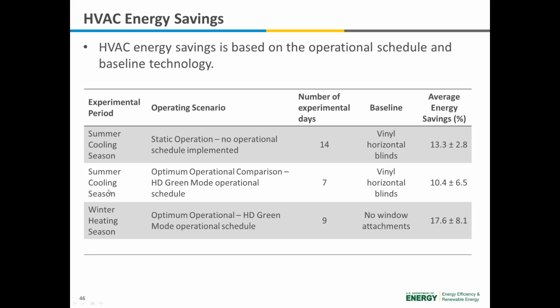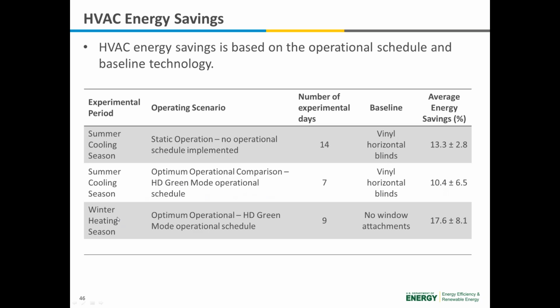The second one is the summer cooling season. This was an optimum operational comparison. Both the Hunter-Douglas blinds and the standard vinyl blinds were following the HD green mode operational schedule, which is based on the solar calendar. We could see that the Hunter-Douglas blinds outperformed the standard vinyl blinds by about 10%.